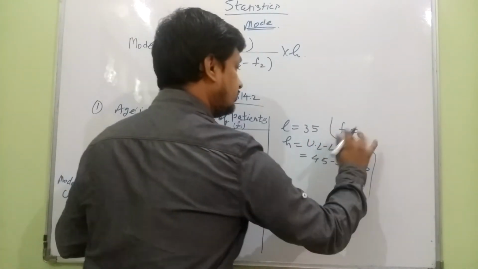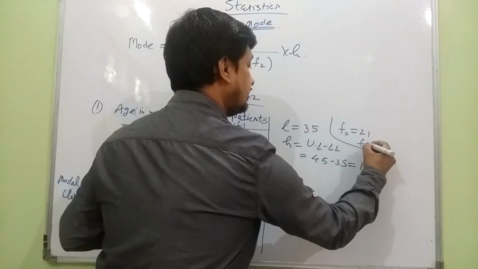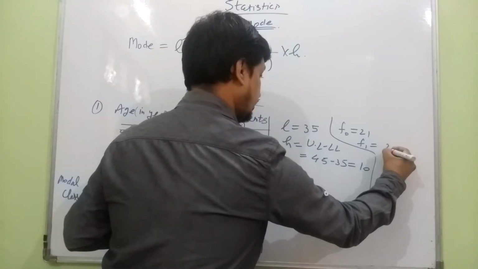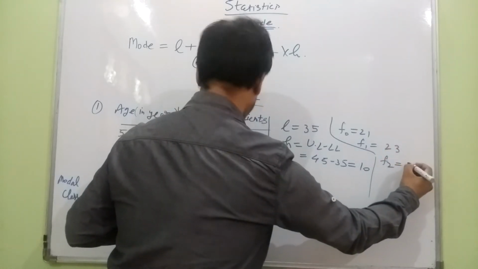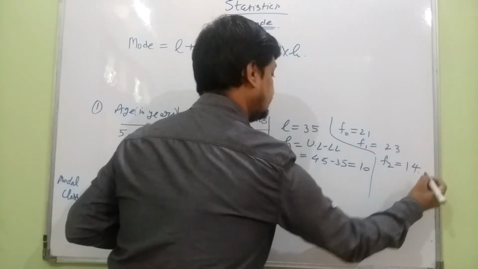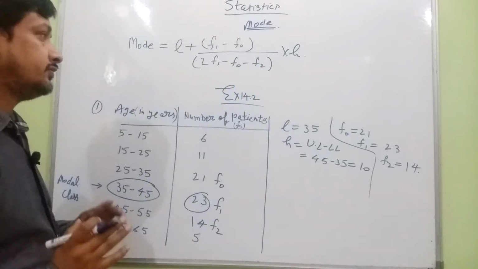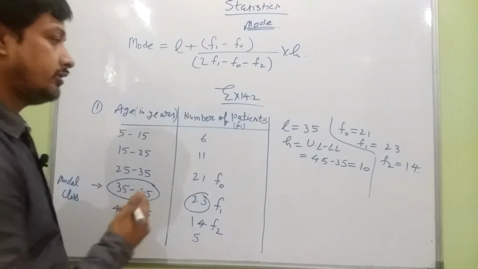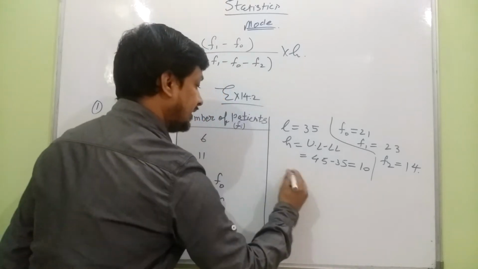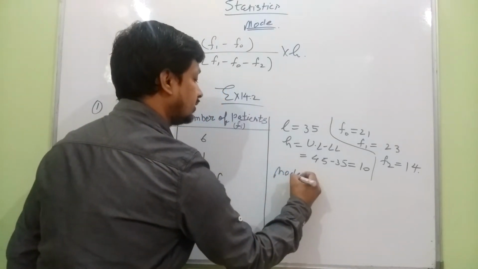Okay, and the rest of the values: F0 is 21, F1 is 23, and F2 is 14. These are the values which we will use here. Now you can find the mode easily. Apply the formula.